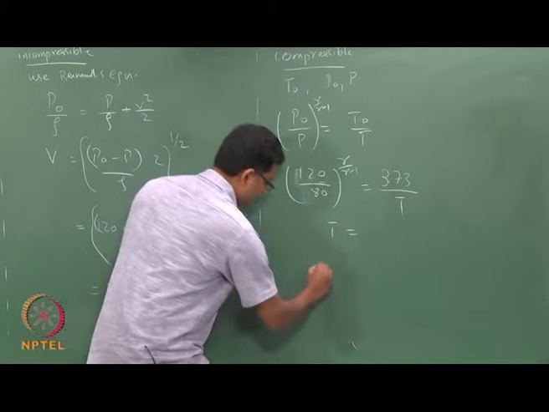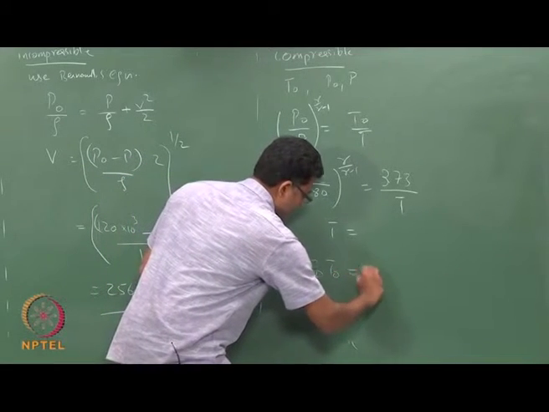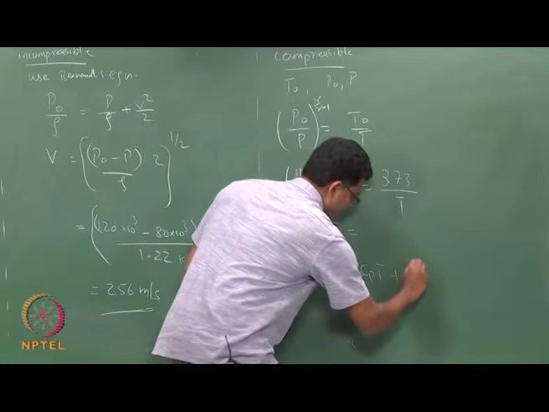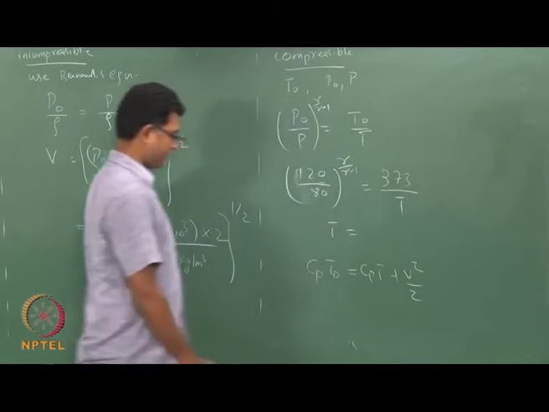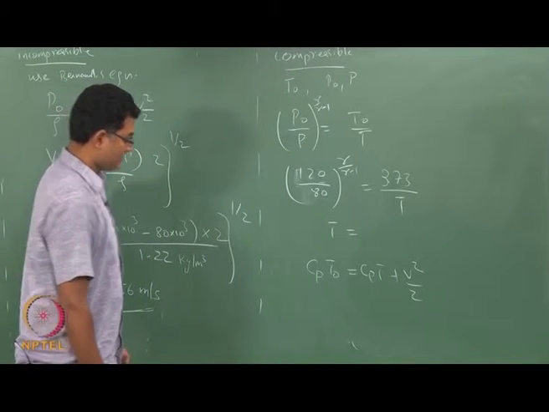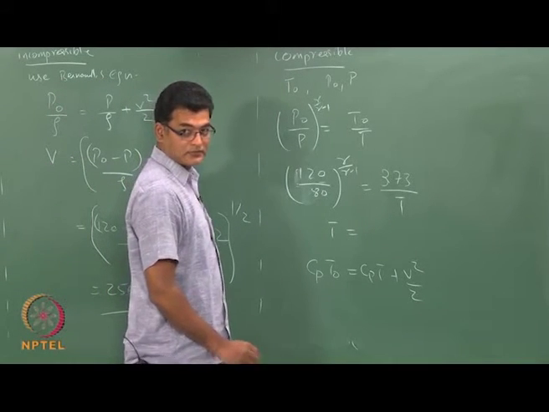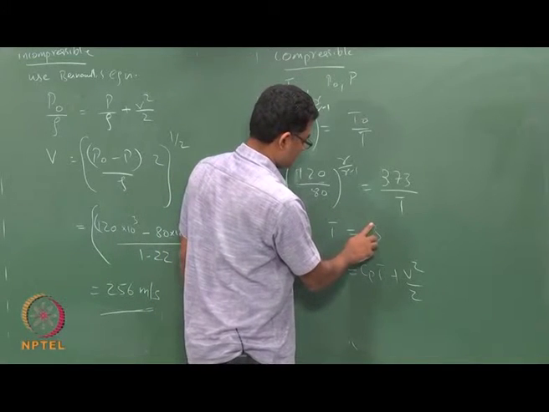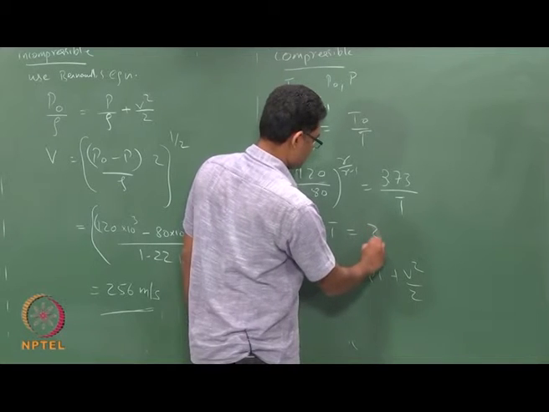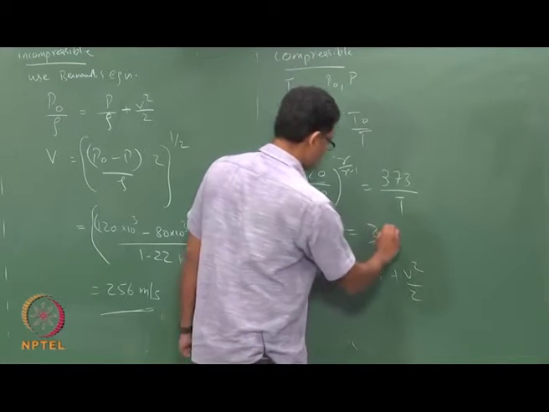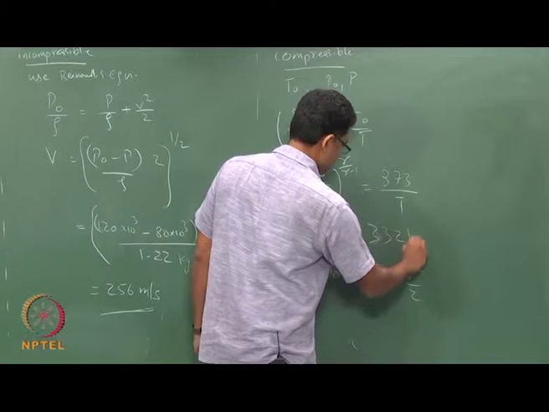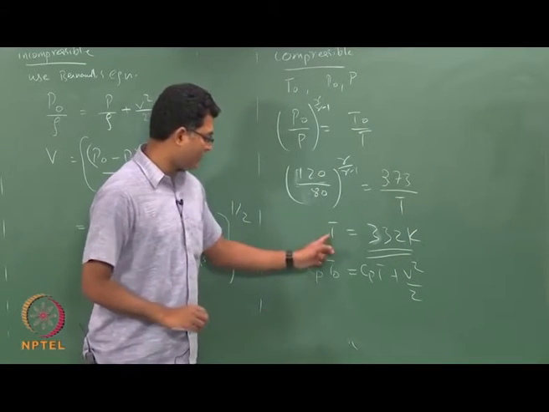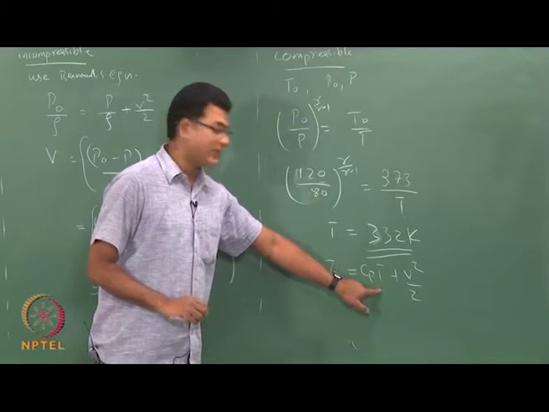Once you have the T, you can use the energy equation to get your velocity. T is 332 Kelvin. So, I use this value of static T to find my velocity.